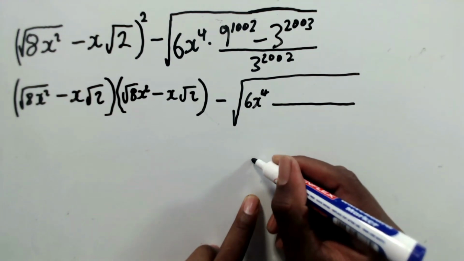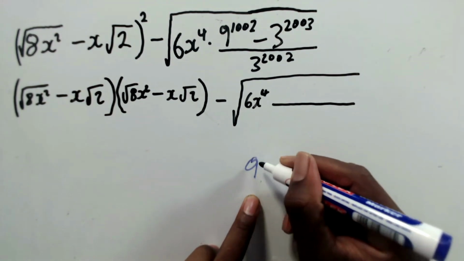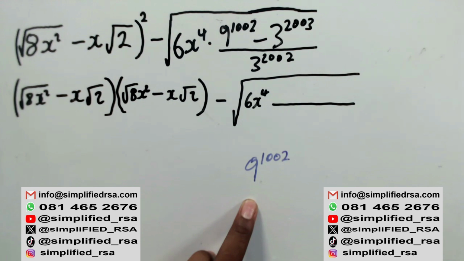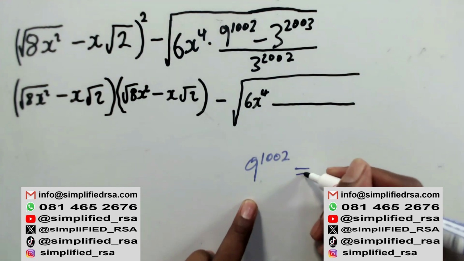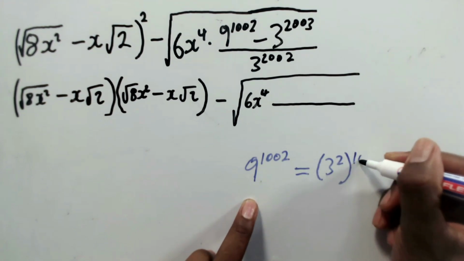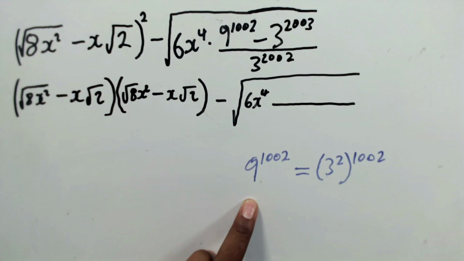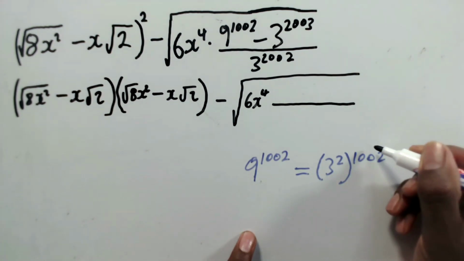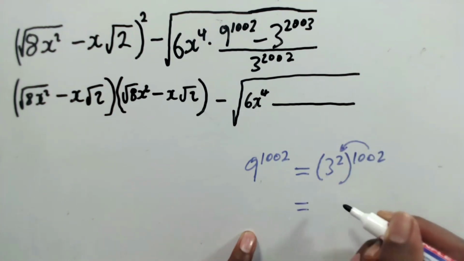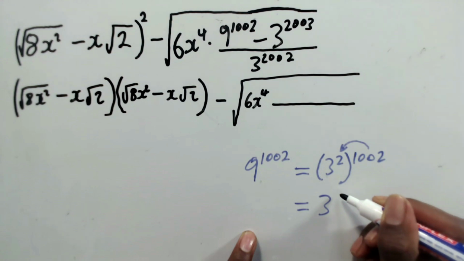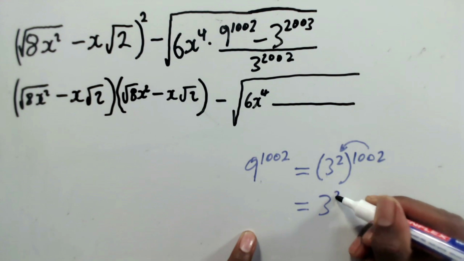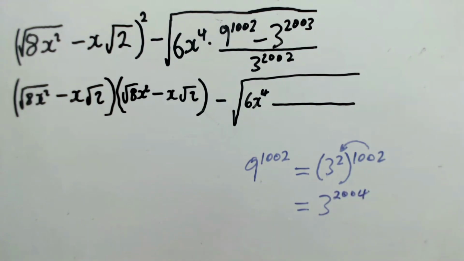This means if I have 9 to the exponent 1002, this is the same as 3 squared to the exponent 1002. I can multiply the exponents such that I will have 3 to the exponent 2 times 1002, which is 2004. That's what I would get.